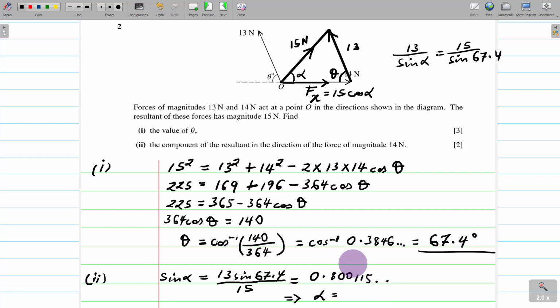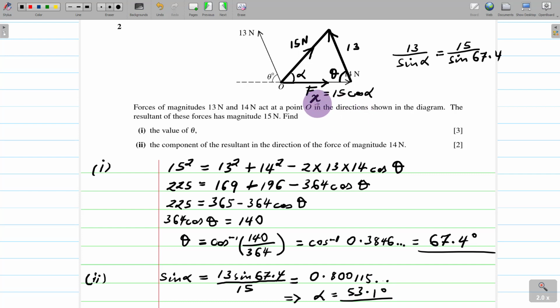Since it is on my calculator, I'll just do shift sine of the answer, and I get 53.14 degrees. We can say it is 53.1, just one decimal place, degrees, like that. That will be the alpha.